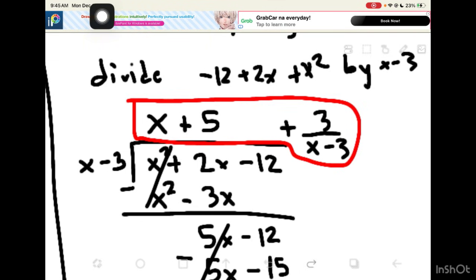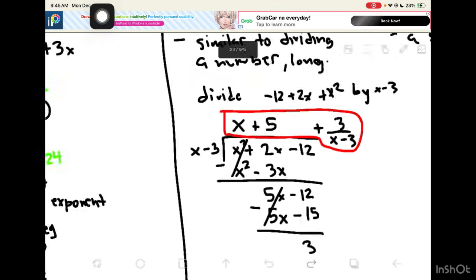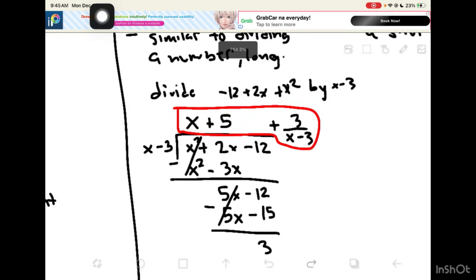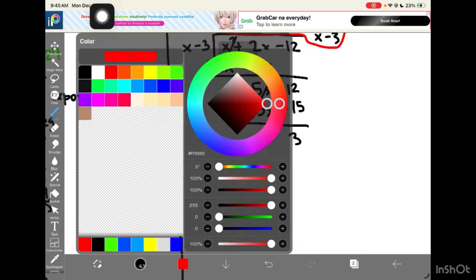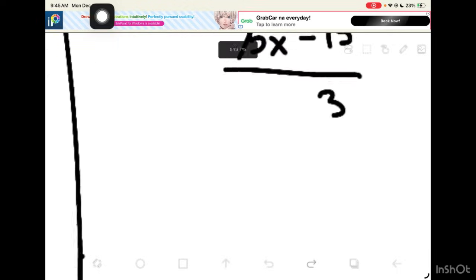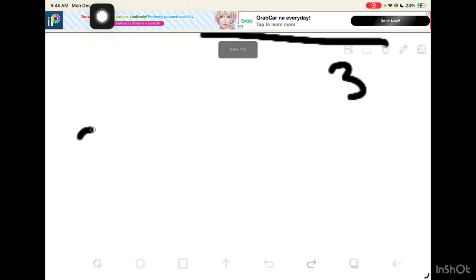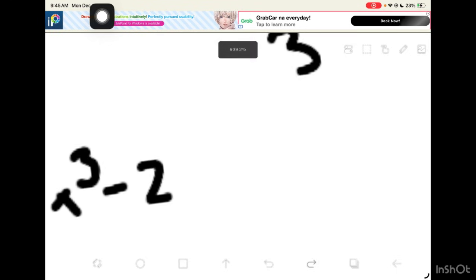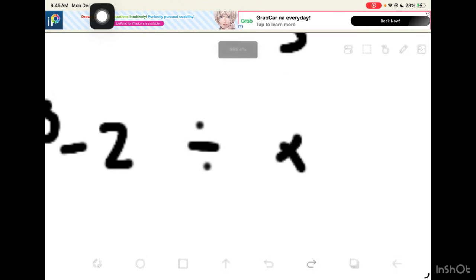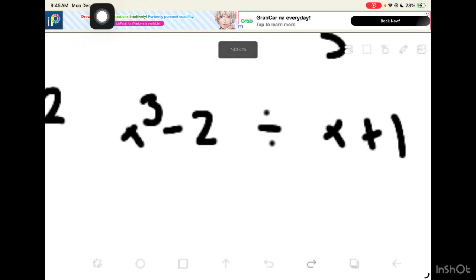But let's say we have a special case here. What if some terms are missing, some degrees are missing? So example number 2, we divide x cubed minus 2 by x plus 1. Now you see, of course it's in standard form, but we have a slight problem here.